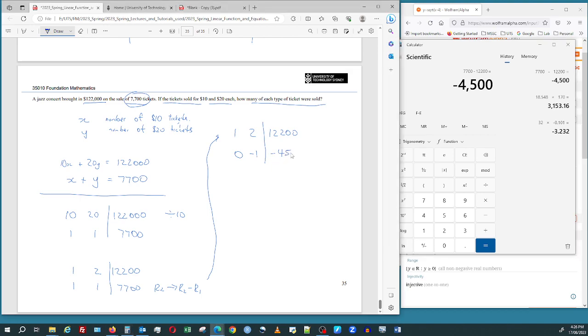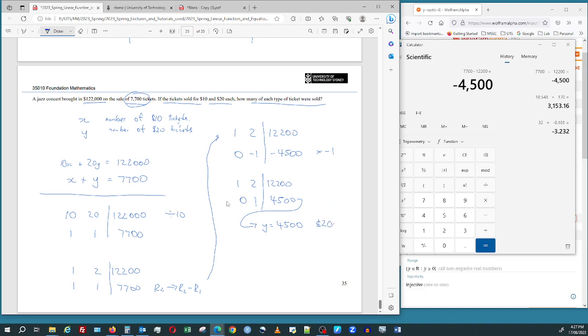Now it turns out that we can just times this whole thing by minus 1. So we get 1, 2, 12,200, 0, 1, 4,500. So if we unaugment and rebuild, Y is equal to 4,500. So there were 4,500 $20 tickets sold.